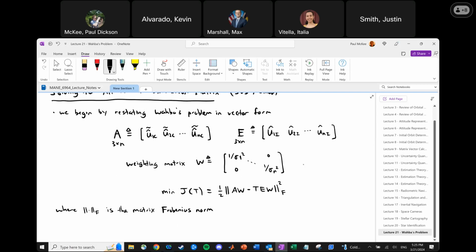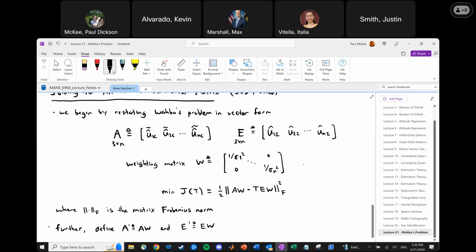Because we can't take the norm of a matrix, we take the norm of a vector. It's a different operator. It's called the Frobenius norm. And bear with me for now because this is going to get a lot simpler. Things are going to get a lot worse before they get better, but then in the end, you're going to be blown away by how simple this is. So we're going to simplify this even further. I don't want to keep writing the letter W, so we'll define A prime as being equal to AW and E prime as being equal to EW.